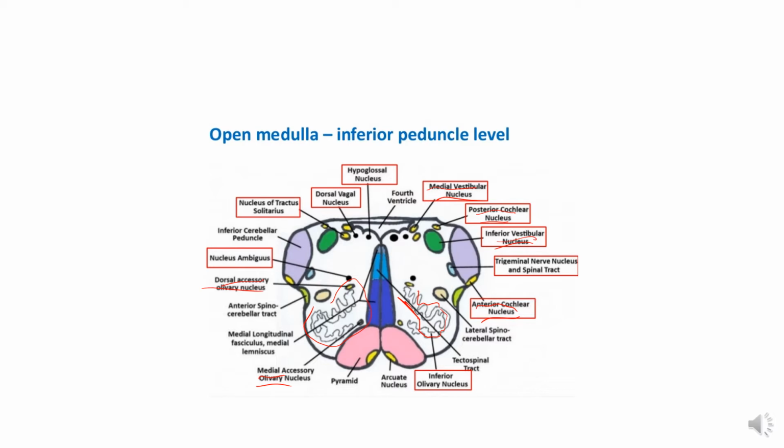The posterior cochlear nucleus is situated on the posterior aspect of the peduncle, lateral to the floor of the fourth ventricle, and the connections of these nuclei are with the cochlear nerve.